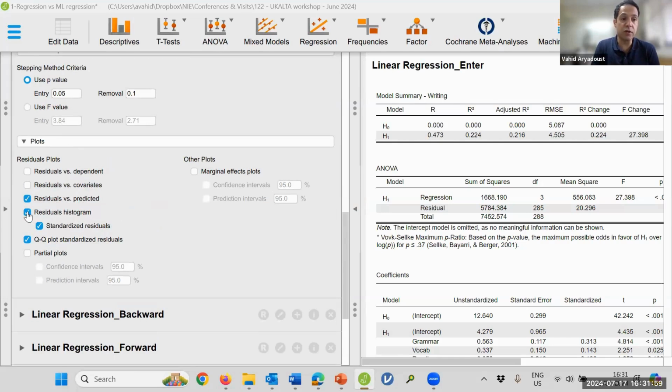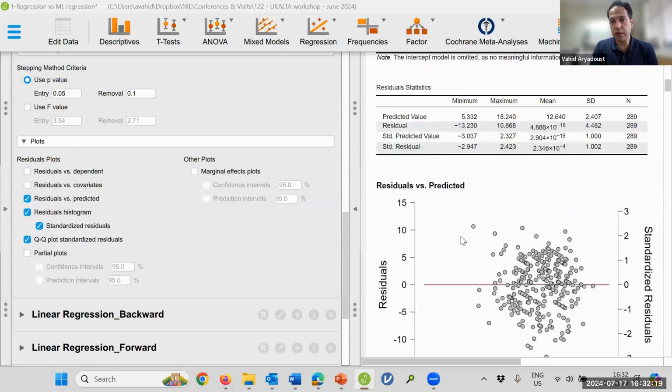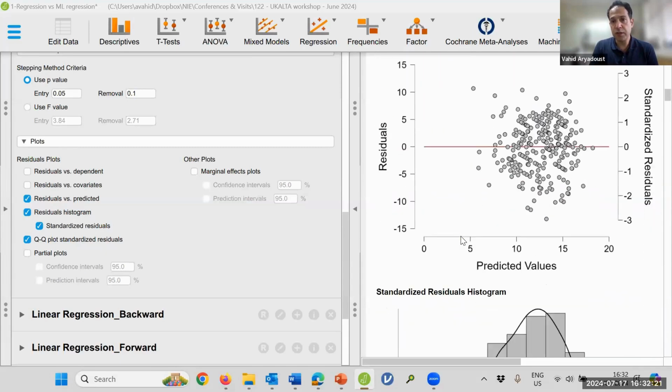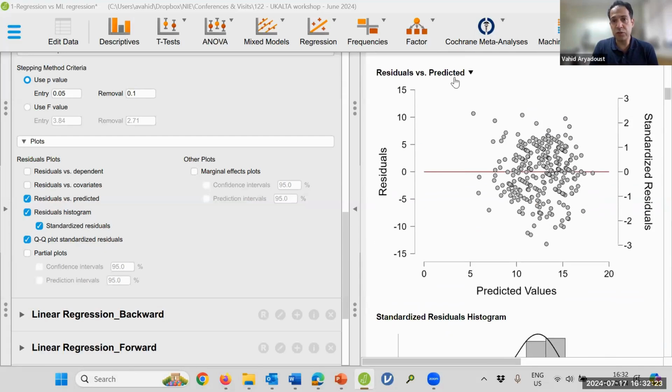If you like, you can also get residual histograms because it shows you the normality of your residuals. So you will be checking two assumptions at the same time. Standardized residuals, of course. And finally, QQ plot of standardized residuals as well.